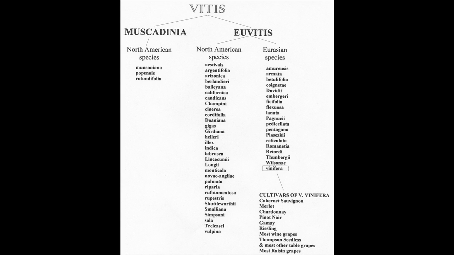Looking at this chart, you might note that North America itself has tons of different species in Vitus. However, virtually none of them are made into wine. Not many of them are even eaten. When you go through the forests and woodlands of North America, from Canada down to Mexico, you will find wild grapevine growing all over the place.